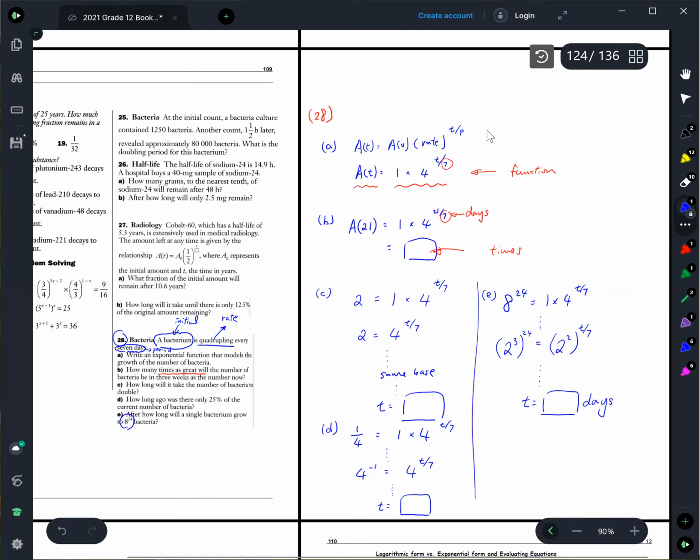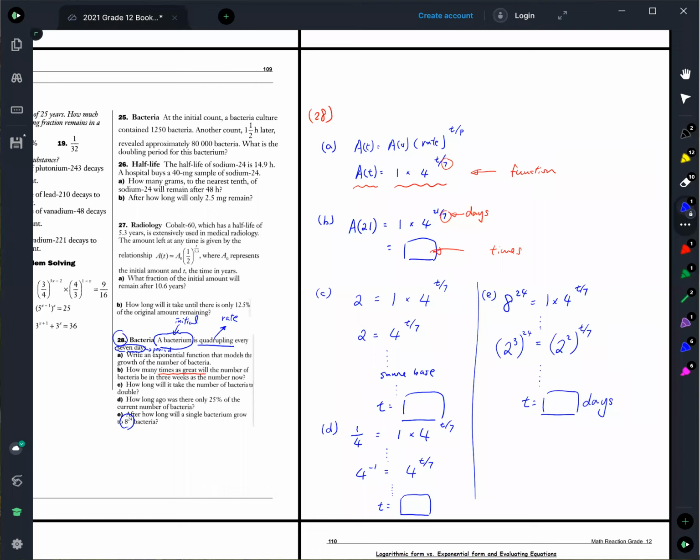Okay, please raise your hand if you don't have any questions for this one. So this one is from the homework that you need to hand in today, okay?